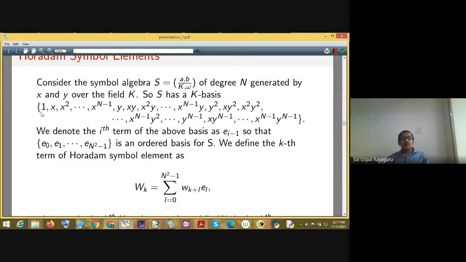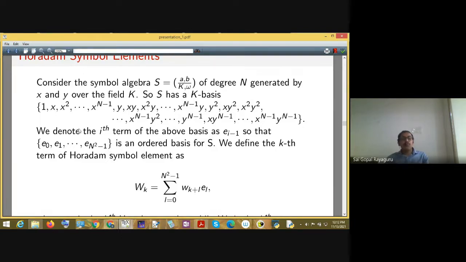If I denote the ith term of this basis as e_(i minus 1), because I am starting from 1, I can write this in the form e_0, e_1, up to e_(n square minus 1).